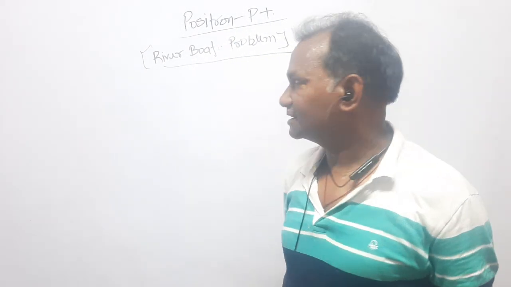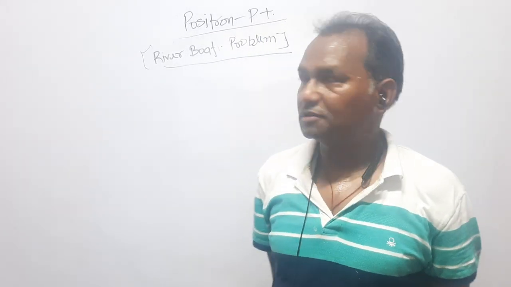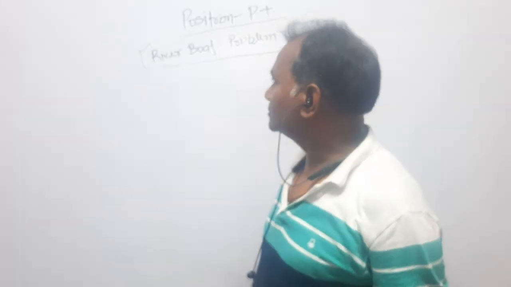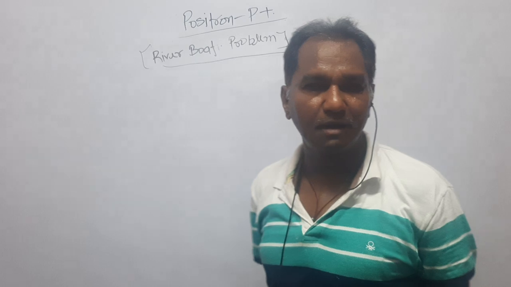Last few days I made many videos and posted them. Dear students, we discussed in the last video about relative velocity in one dimension, and now the river boat problem, rain man problem, or airplane wind problem.